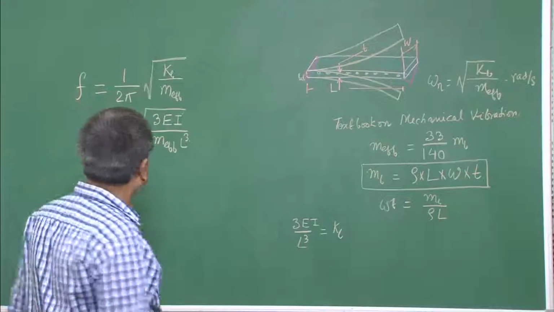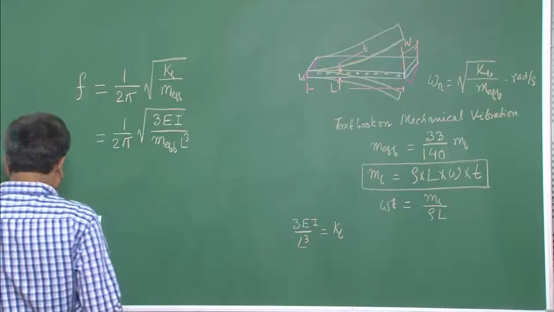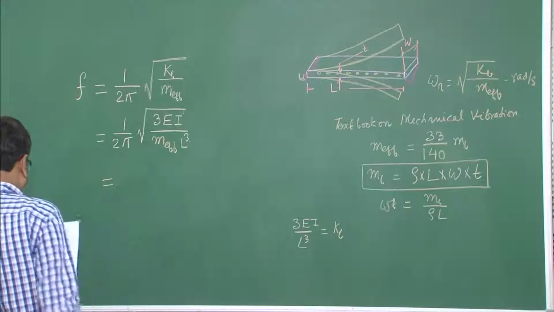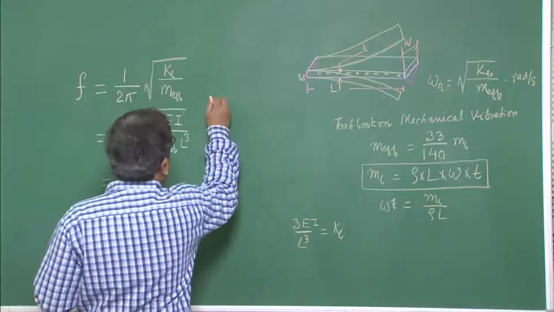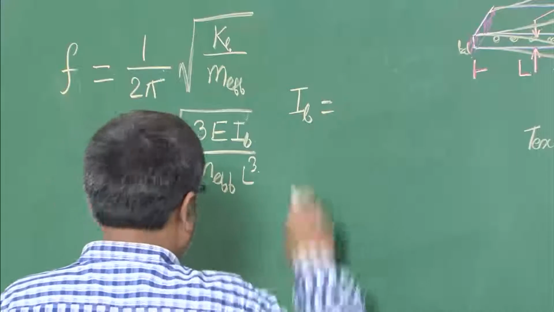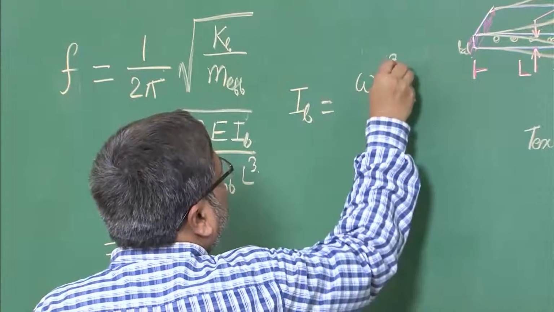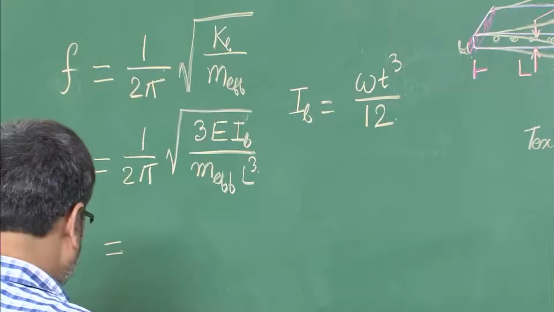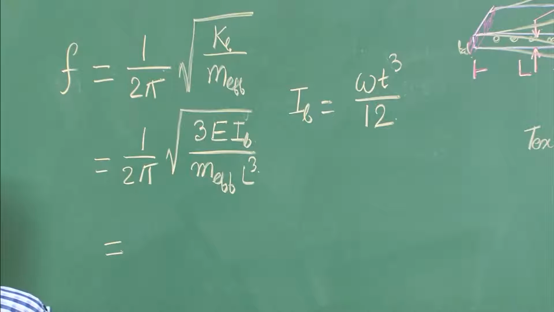So let us put it as 1 over 2 pi square root of KB over M effective. So if I now work further, we also have to keep in mind that I of the beam is actually W T cube divided by 12, and so I can put that expression also here.